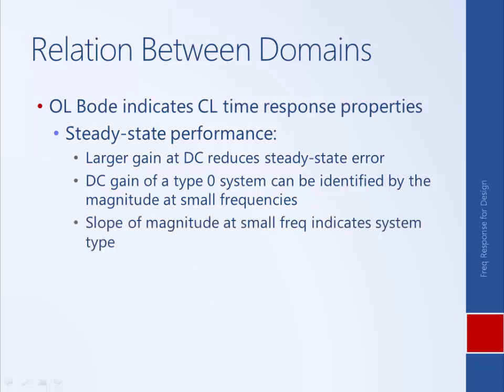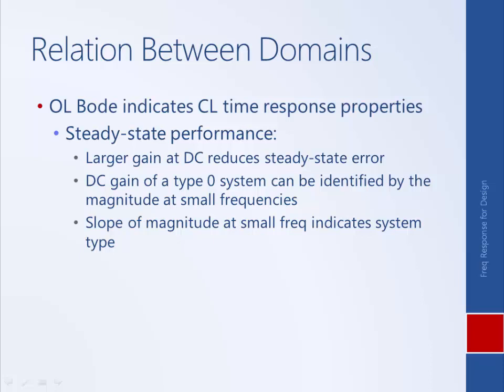If we have a type 1 or a type 2 system, the magnitude at low frequencies won't be flat, it'll be sloped. And the slope will indicate the system type. So if we have a slope that decays at minus 20 dBs per decade, then that tells us we have a type 1 system, we have one integrator. If it decays at minus 40 dBs per decade, then we have two integrators, we're a type 2 system. So that also indicates the sort of steady state behavior of the system.